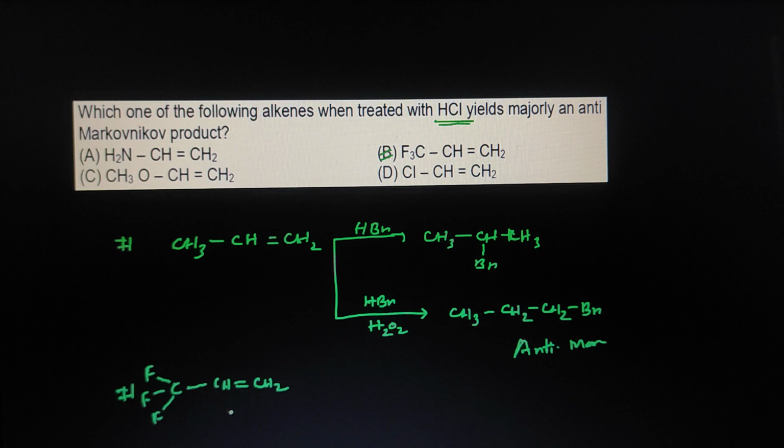That's why if we add HCl, then if H plus is abstracted by the CH2 group, the structure will be CH plus CH3, and here 3 fluorine atoms are present.